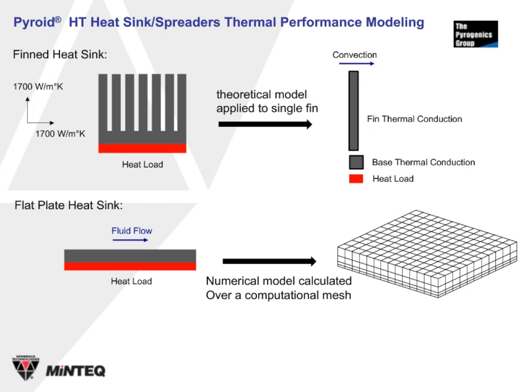So in this case, we're using a finite difference model where we break the heat sink up into elements, orthogonal elements, and we use that mesh to calculate the conduction through the material.